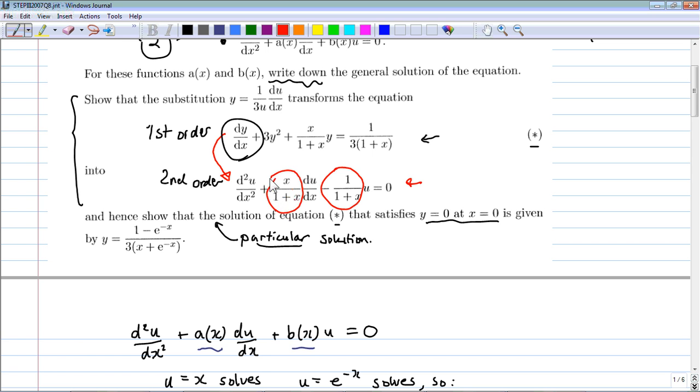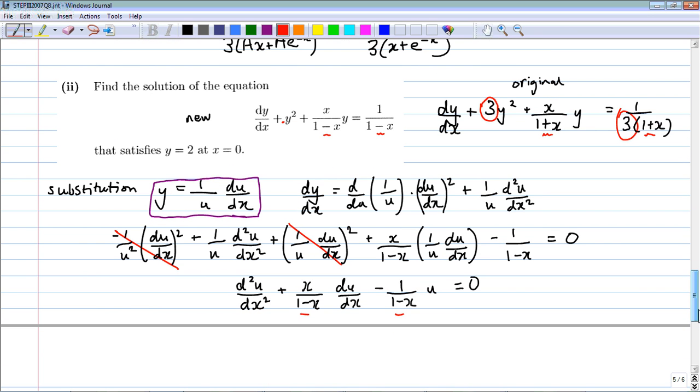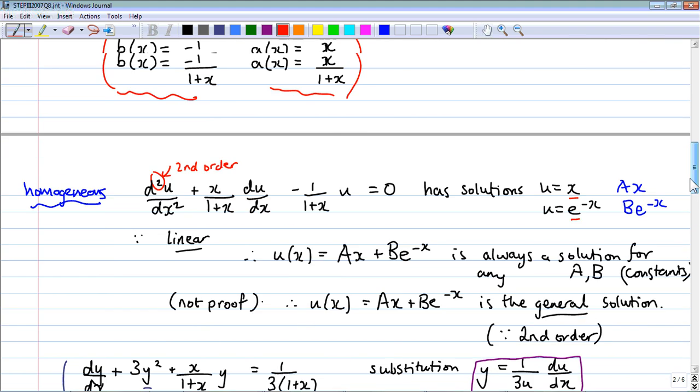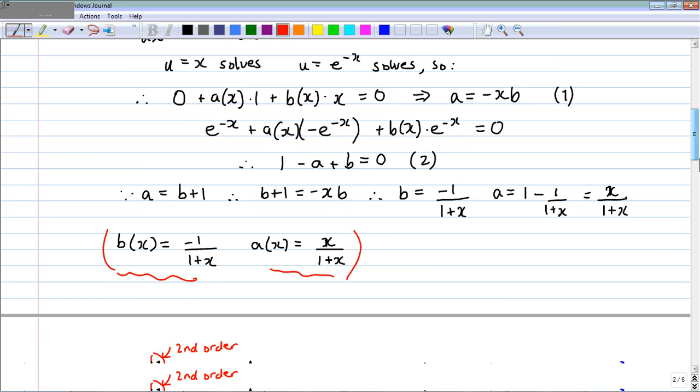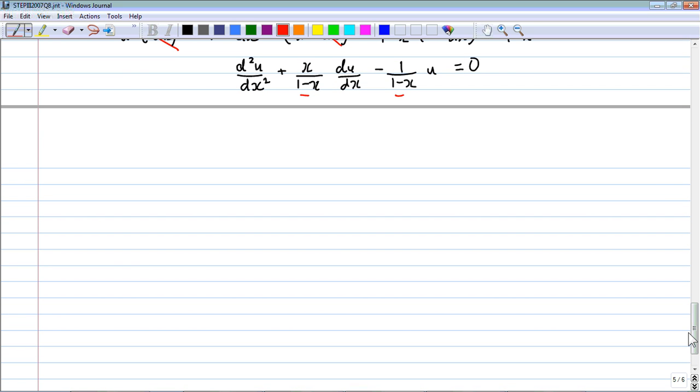But apart from that, it's exactly the same. Hold on, is that true? Plus, minus, plus x over 1 plus x, plus, minus, yeah. That's the only difference. Okay. So sorry if this is a bit difficult to follow. I mean, it will be easier if you've already tried the question yourself, of course.